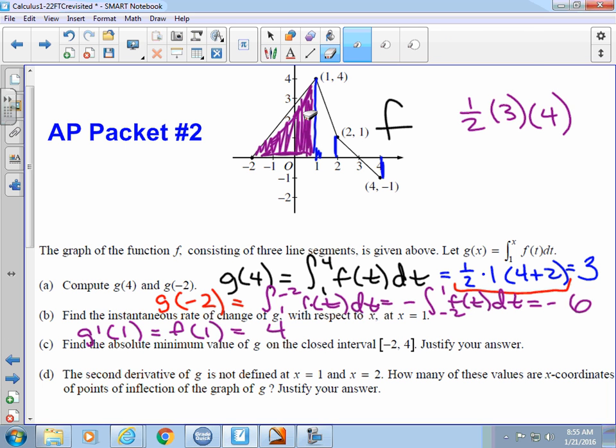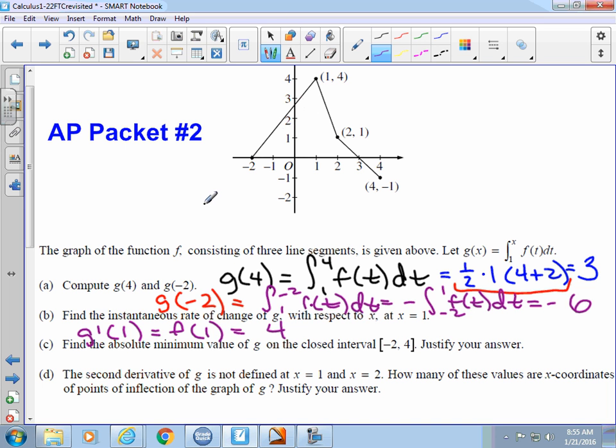I'm going to erase some things on this picture so we can see what's going on. What are my options? -2, 3, and 4. Is 3 truly an option? Why not? It's a relative maximum, right? Everyone agree with that? So G of -2 and G of 4 are my only options.